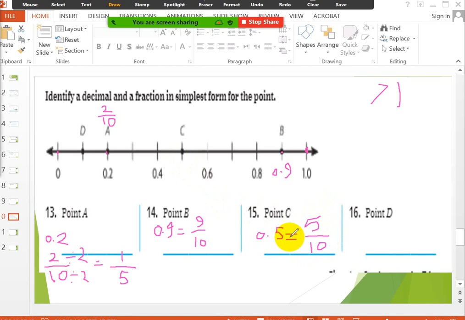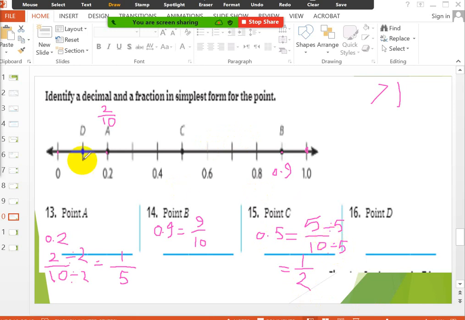Okay? So the denominator will be 10. What is the simplest form for 5 over 10? What is the greatest common factor for 5 and 10? I can divide both 5 and 10 by 5, okay? So 5 divided by 5 equals what? 1. 10 divided by 5 equals 2. So the fraction will be 1 over 2.